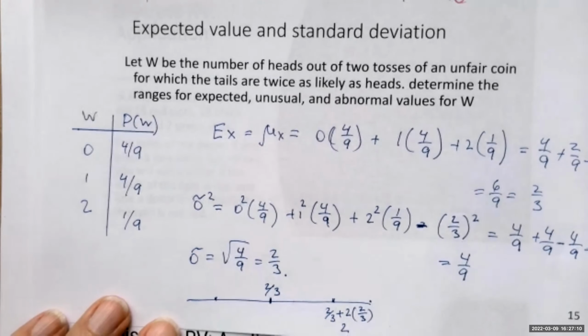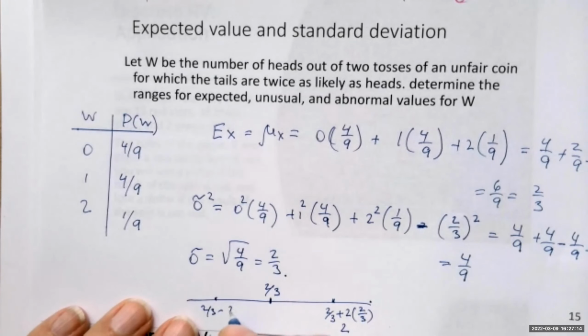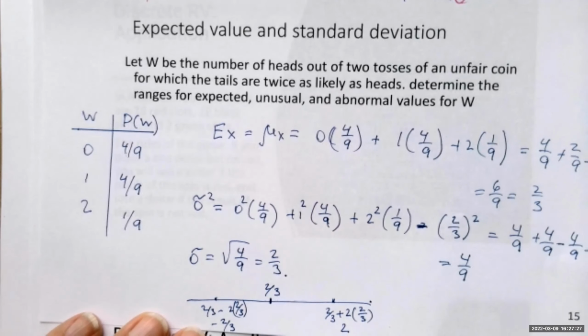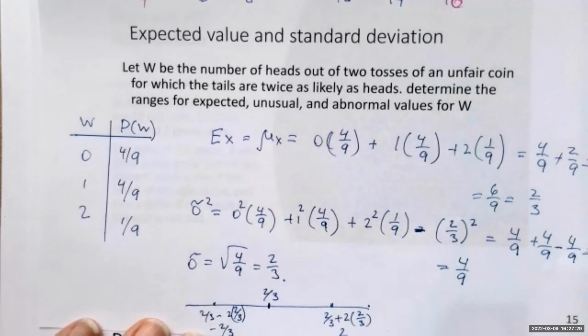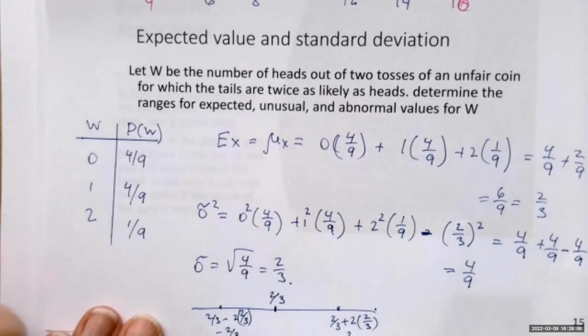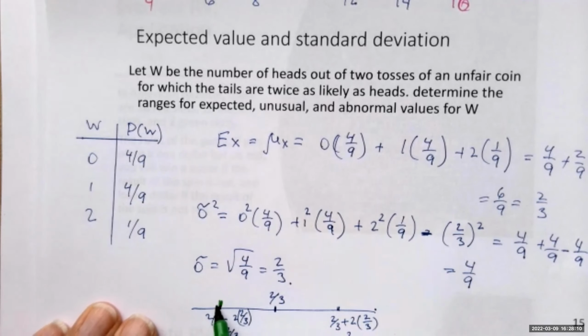And then on this side, we're going to have 2/3 minus 2 times 2/3, and that's 4/3, and 2/3 minus 4/3 is negative 2/3. So our usual values are going to lie in this range. This is our usual values.